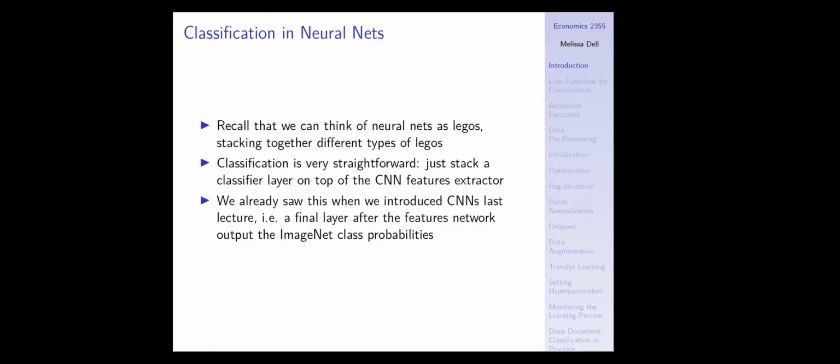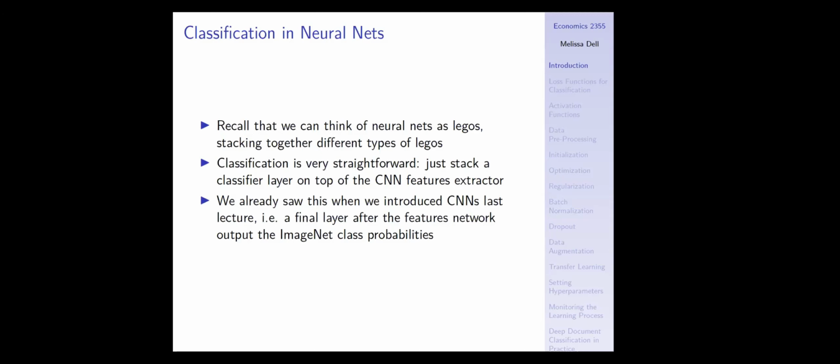Okay, and so if you remember from the lecture where we introduced different concepts in deep learning, we talked about how we can think about neural networks as Legos, where you stack together different layers or different types of Legos to make different network structures. And classification is probably the most straightforward thing you can do.